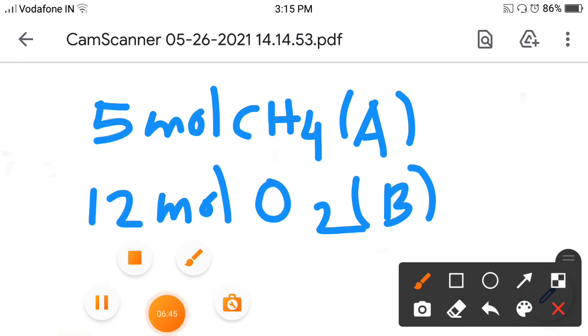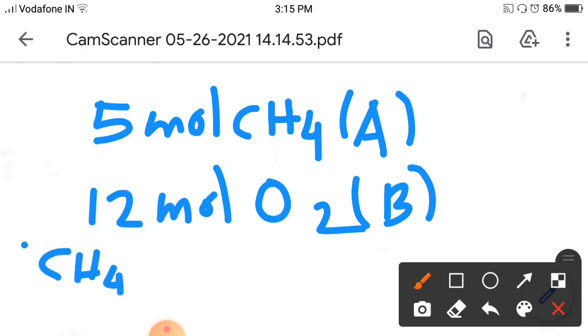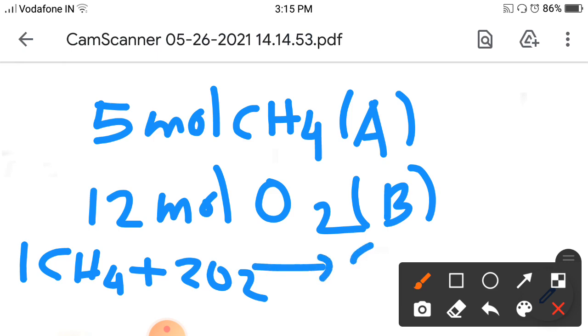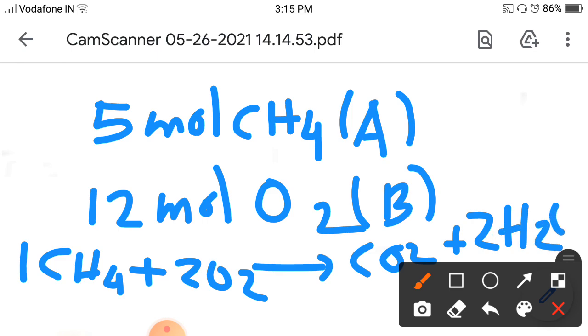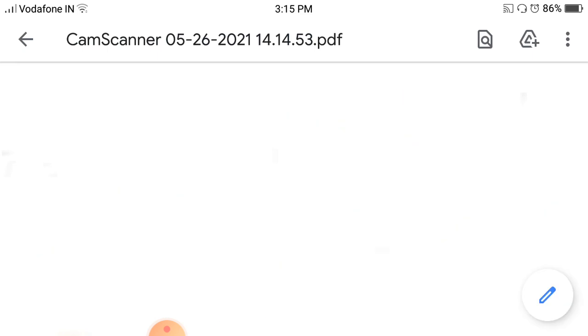You just go through the balanced chemical equation. From that we already know that 1 mole of CH4 plus 2 moles of O2 gives 1 mole of carbon dioxide plus 2 H2O. That is, 1 mole of CH4 and 2 moles of O2.